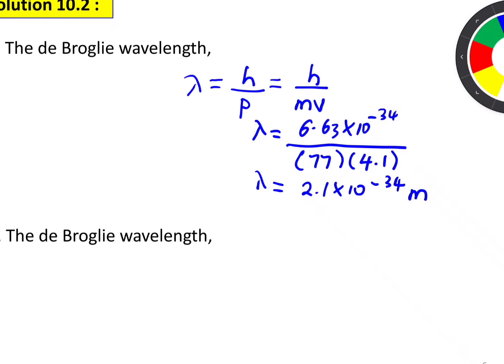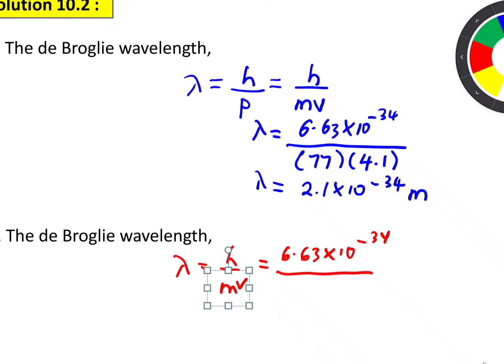Soalan kedua B. Okay, untuk cari de Broglie wavelength bagi elektron. So lambda kita guna formula yang sama juga, is equal to h over mv. So 6.63 power of negative 34 bahagi dengan mass of electron. Mass of electron kita 9.11 darab 10 negatif 31.